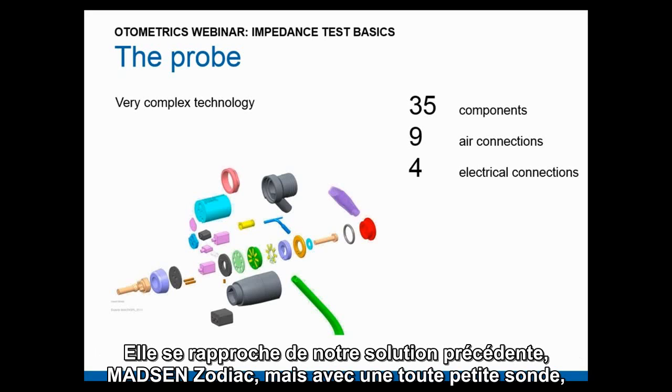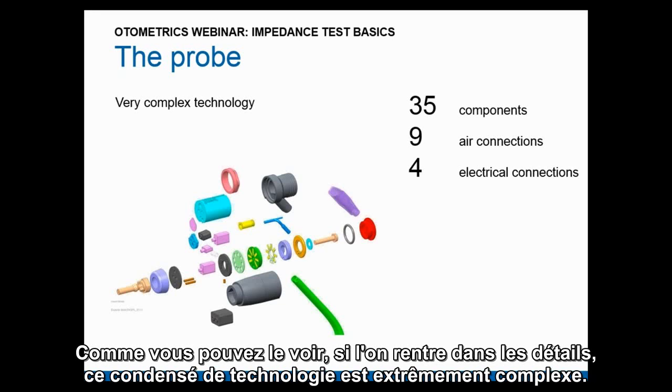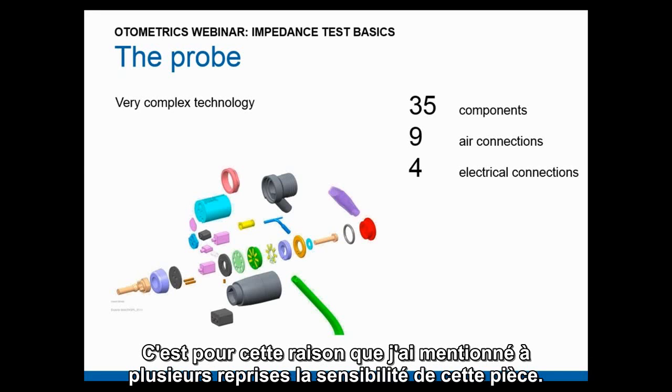Compared to the former solution, which was the Madsen Zodiac, we have developed a tiny probe with a company called Hortmann, which Otometrics acquired a couple of years ago. But as you can see, if you go into details of this piece of technology, it's extremely complex, and that's why in the slide before I mentioned the sensitivity of this part, which is the probe.